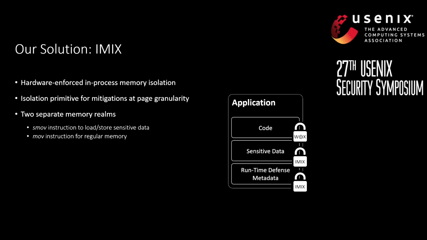And we have the regular move instructions, which can access regular memory. This allows us, next to, for example, write-xor-execute memory that we have for code, to provide a similar guarantee for memory, at least for the sensitive data.